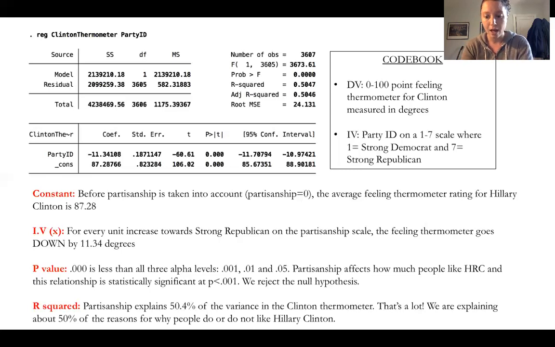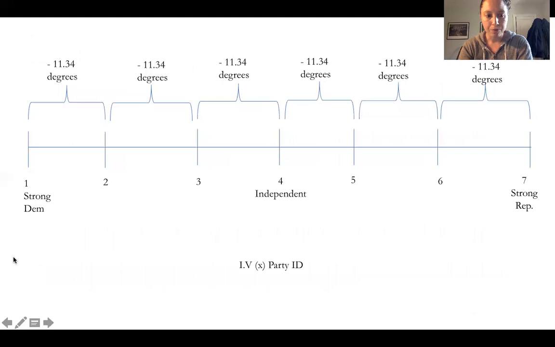Let's see what that looks like. So here is our scale from 1 to 7. Going on average from a 1 to a 2, so from a strong Democrat to a weak Democrat, her rating goes down by 11.34 degrees. For another unit increase, going towards the other end of the scale, another 11.34 degrees.